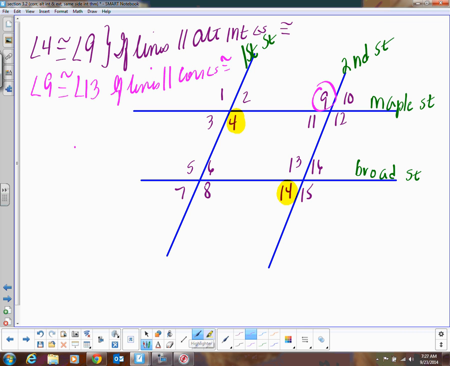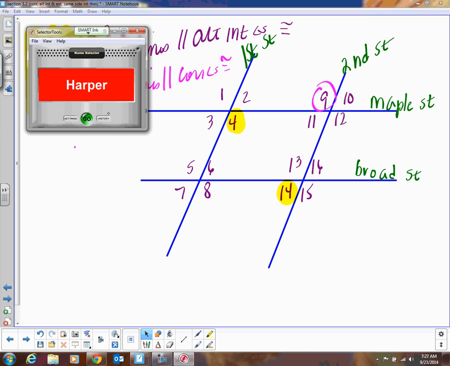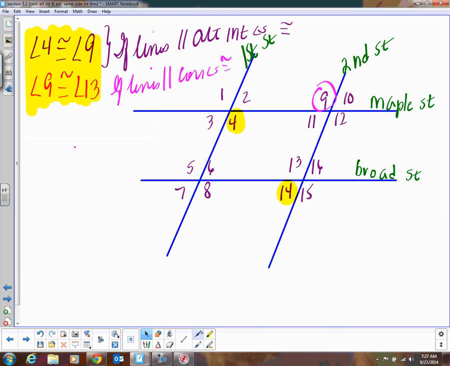All right, so what we're going to do now is we're going to clean up this. You know that 4 is congruent to 9. You know 13 is congruent to 9. So if both of those are congruent to the same angle, Kayla S., what should be true? 4 is congruent to 13. Right. Angle 4 is congruent to angle 13. And what's this reason?